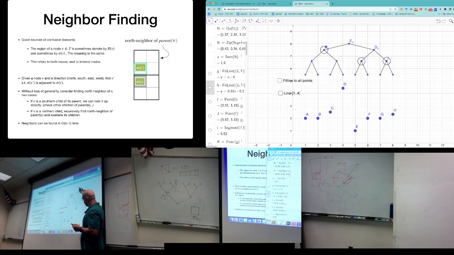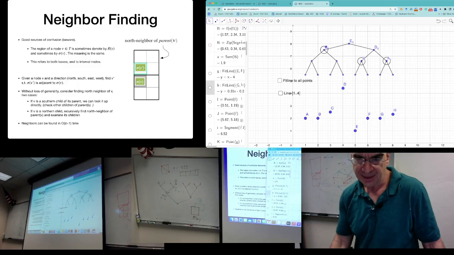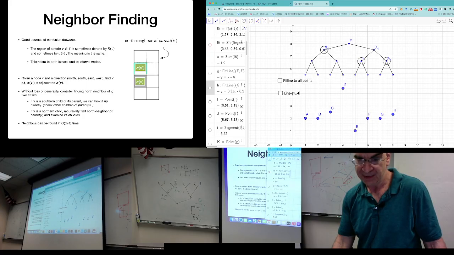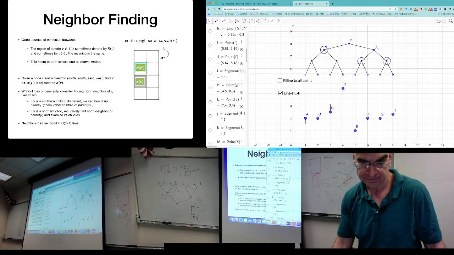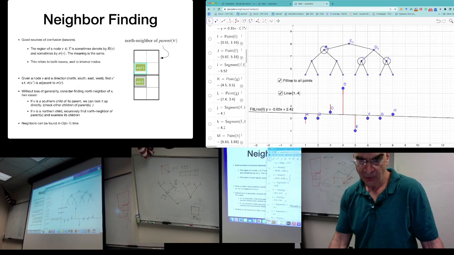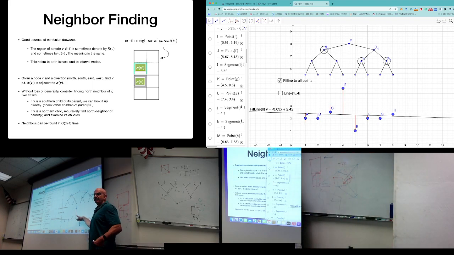So what do I do with this quad tree? The region of the root, R of V1, are all the points all the way from E to H. I'll decide that I can cluster them if I can pass a line through all the points, and they all behave like a linear function, a nice enough linear function toward this line that approximates the location.